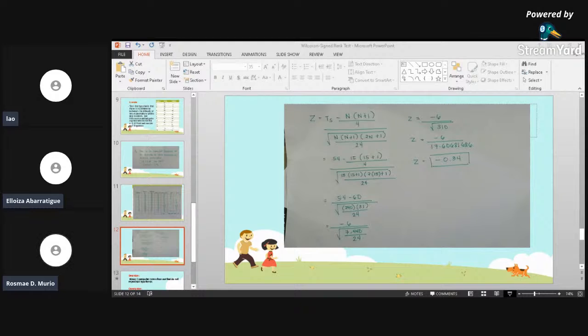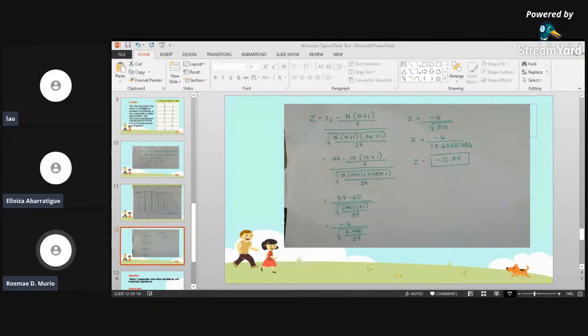So, 15 plus 15 plus 1 is equal to 240. Then, we're going to add the 15 plus 1 times 2, which is 2 times 15 is equal to 30 plus 1 is equal to 31.